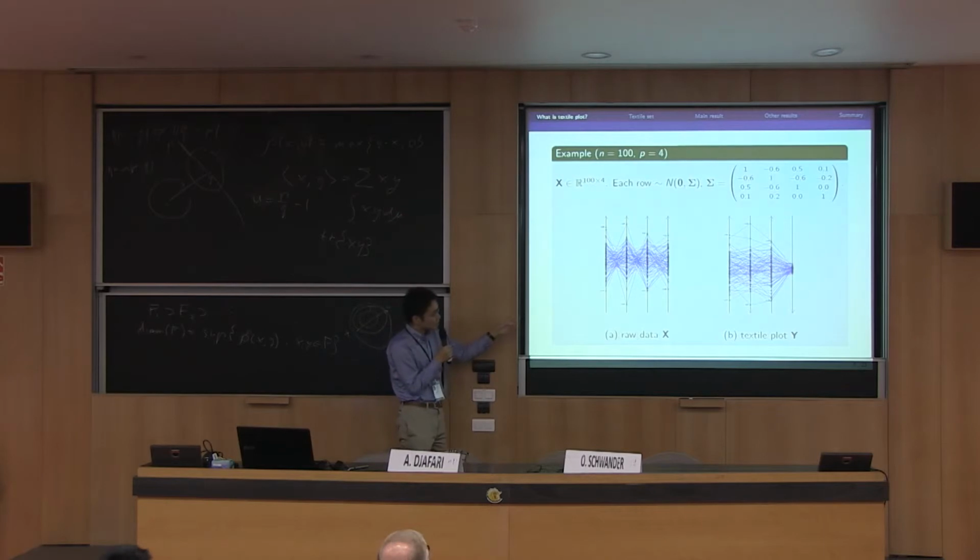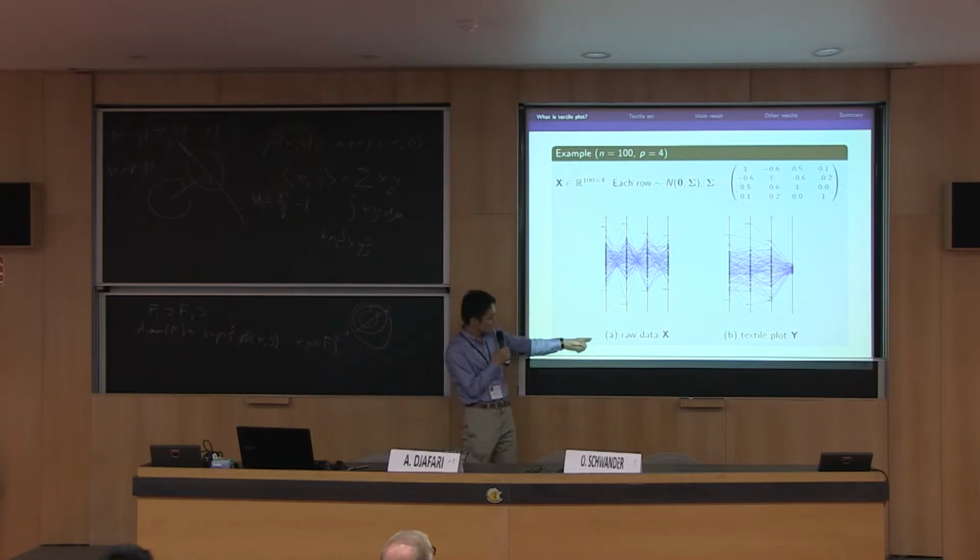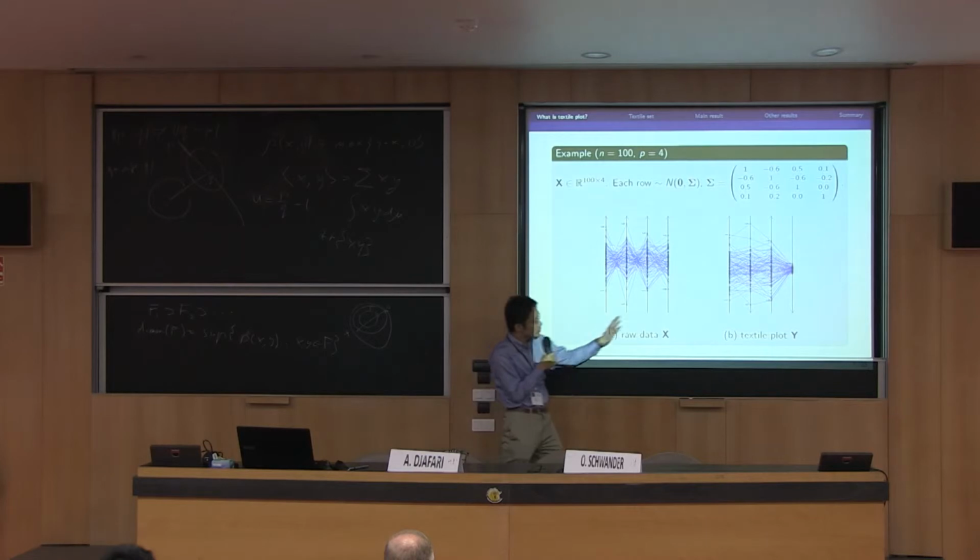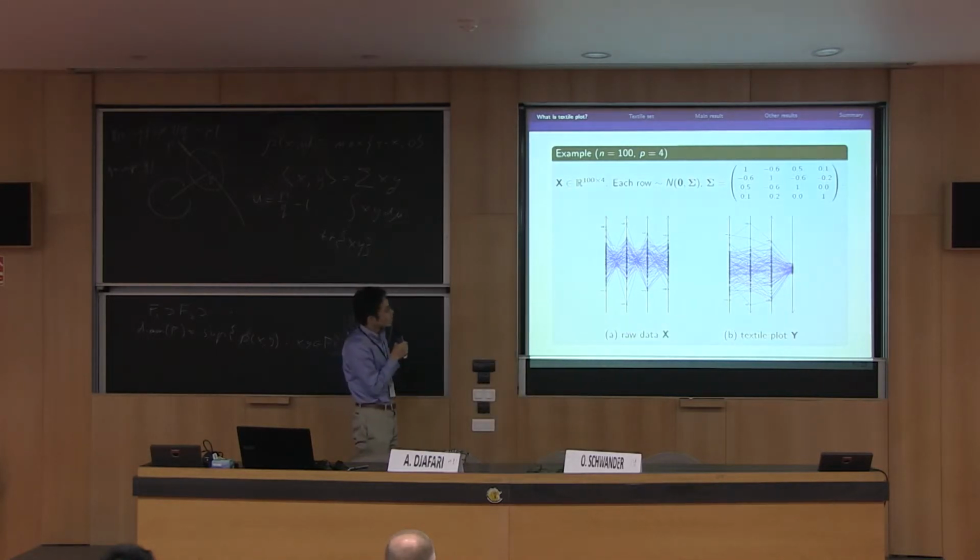The left figure shows the parallel coordinate plot of the raw data X, so 4 columns with 100 lines. And the right figure shows the output of the textile plot.